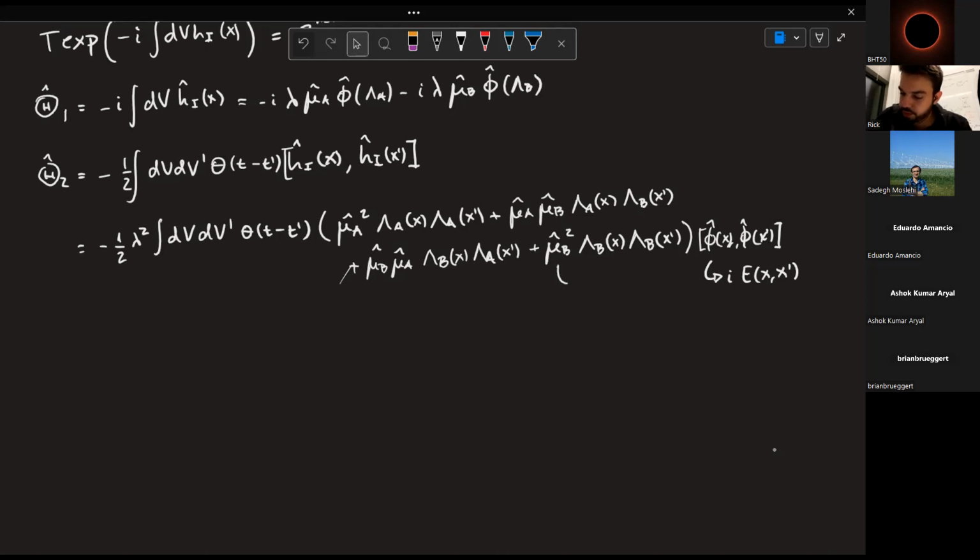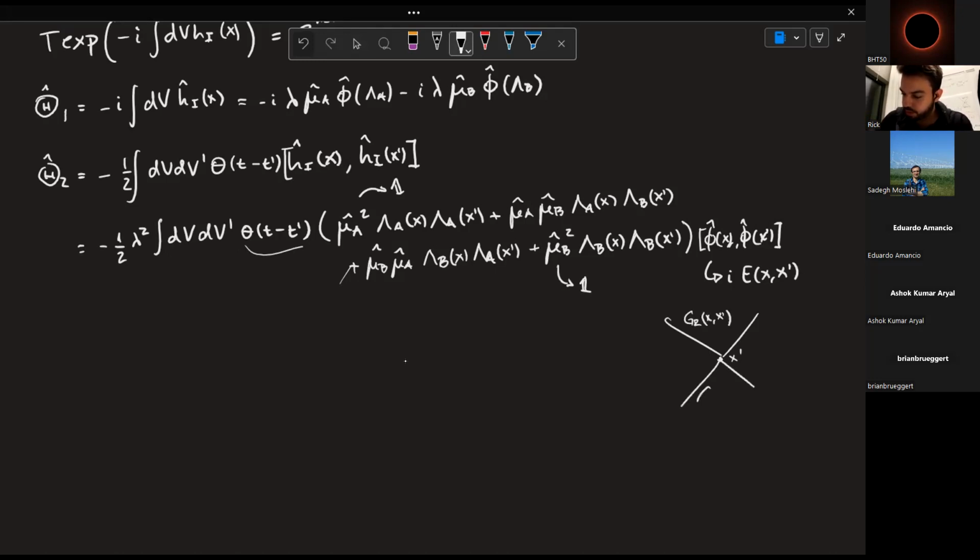We also know that these terms are identity, actually, because the mu is just a sigma x matrix. So these are just identities. The mu A and mu B is definitely not an identity. But now this I E of x prime, remember also that it's multiplied by this Heaviside theta, right? So what happens with the E is that up here, it is G_R of x prime.